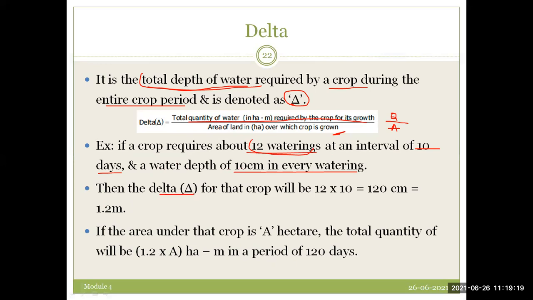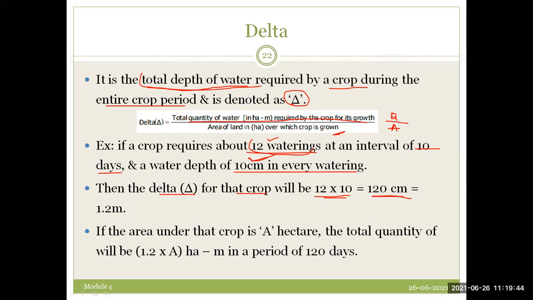Then the delta, the depth of water required for that particular crop, will be 12 into 10, which is 120 centimeter, because you are supplying 10 centimeter of water 12 times.